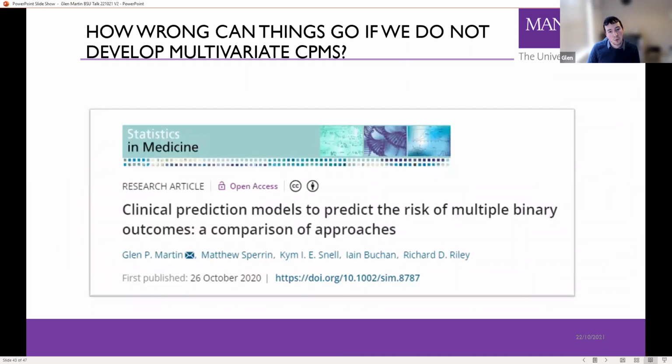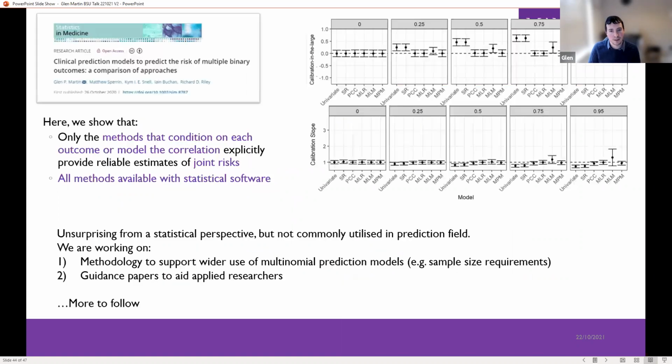I'm currently leading a program of work that's trying to tackle this issue. This is the first paper from that program, where we ask how wrong can things go if we don't take the multivariate approach and instead multiply the marginal risks together.